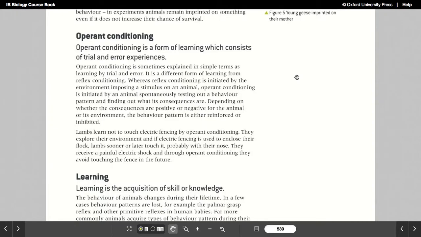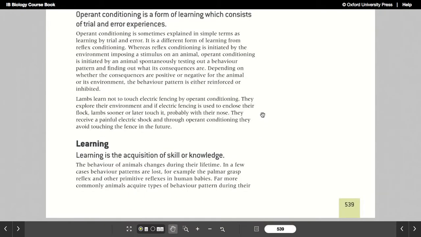You push the other one and it gives you food, you're going to push that one all the time. So that kind of idea. We do a lot of operant conditioning with simple animals, so maybe teaching them how to do a maze or a puzzle or something like that, so they can learn trial and error. Again, a form of learning, but still a pretty simple form of learning.